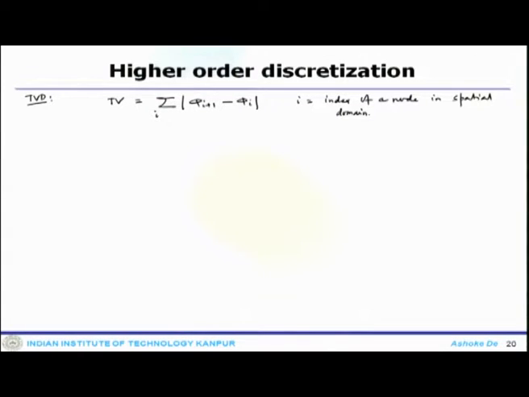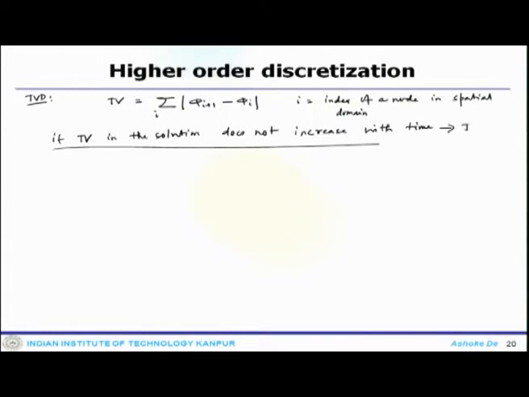So, a numerical method can be said to be a TVD scheme if the total variation in the solution does not increase with time. Then the scheme can be said to be a total variation diminishing scheme, TVD scheme.